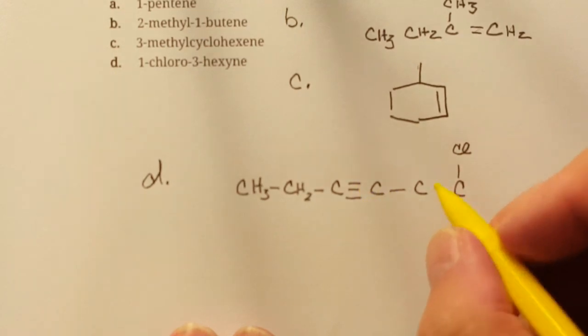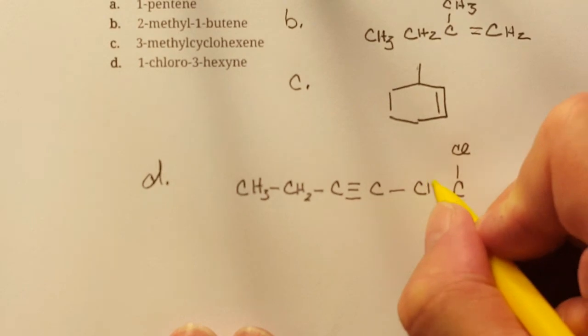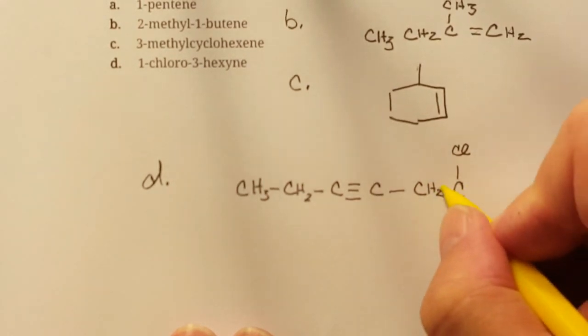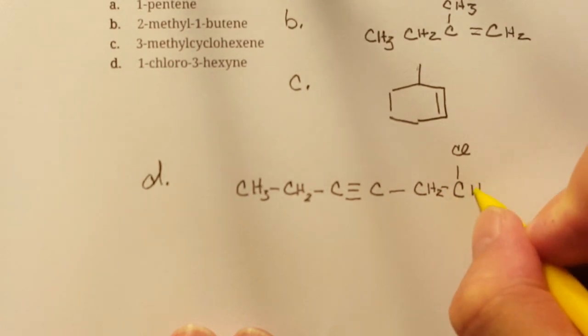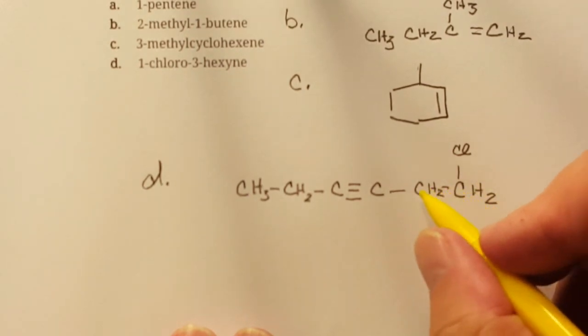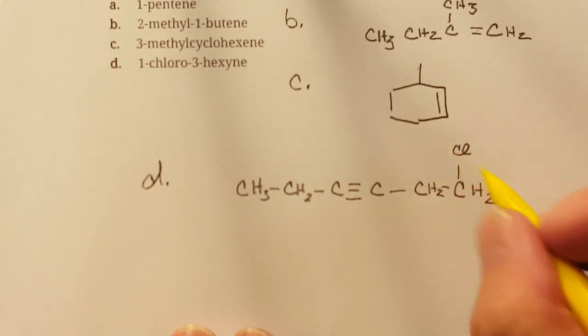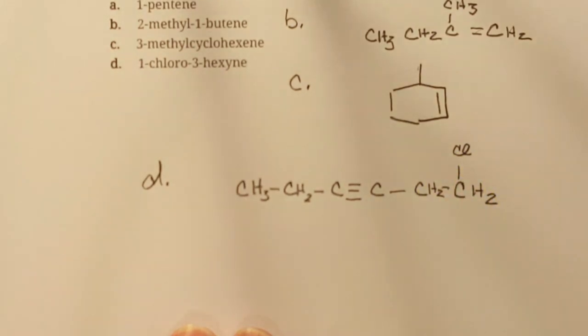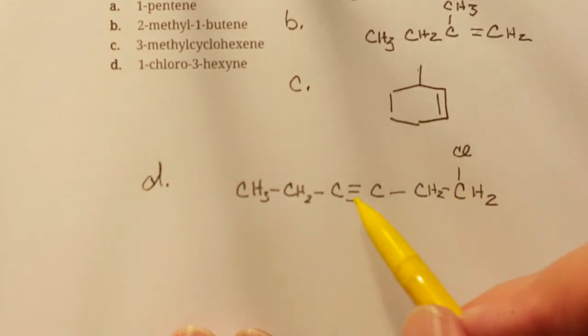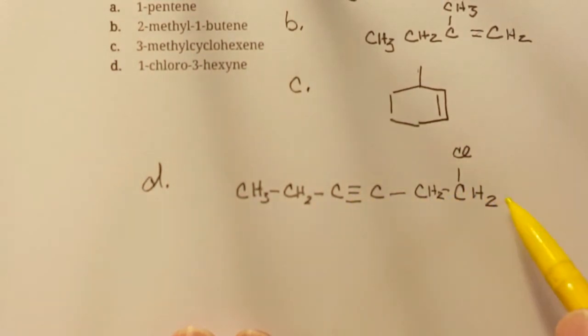It doesn't get another hydrogen. This is CH2, and this is CH2. 4 bonds to this carbon. 1, 2, 3, 4. So this is 1-chloro-3-hexyne.